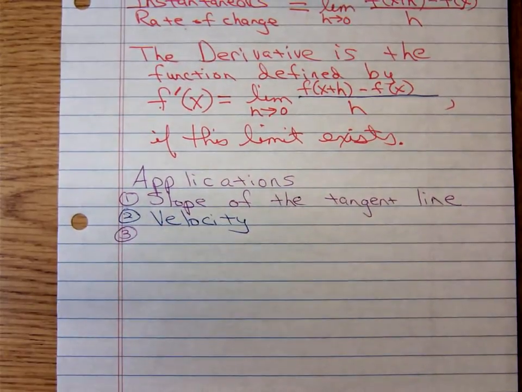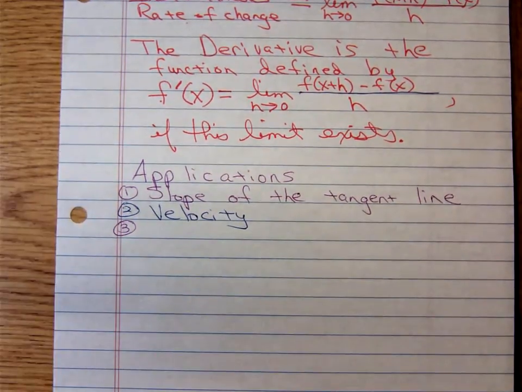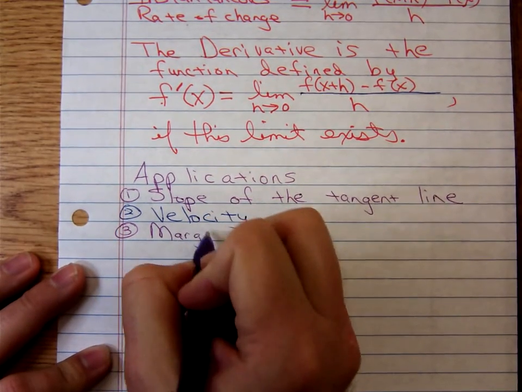The rate of change of cost, profit, and revenue are referred to as marginals. We saw the marginal cost in Math 1324 for linear functions, but now we're going to extend that concept to functions that aren't necessarily linear.